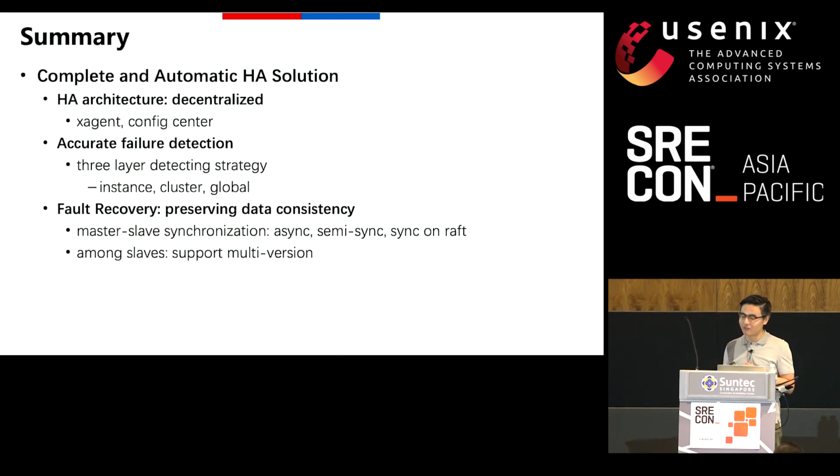The 3 layers of failure detection, instance, cluster, and global detection, to judge the fault scenarios accurately. And then the fault recovery preserving data consistency, supporting multiple official MySQL versions. I hope this topic could give you some experience and inspiration for the high availability of distributed systems. Thank you.